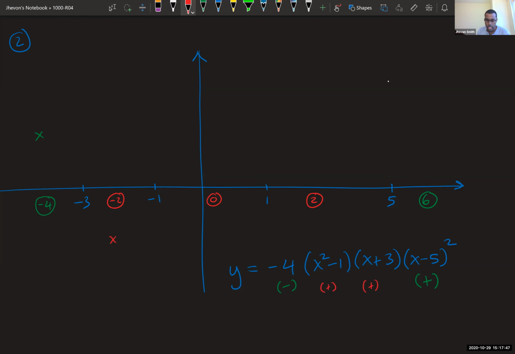If I plug in a 0, I already actually know what I should get. I should get a 300, but you can actually realize that if I plug in 0, this would be negative, and this would be positive. So I know it's positive. In fact, it's actually going to be positive at 300. Right? I actually already know that.